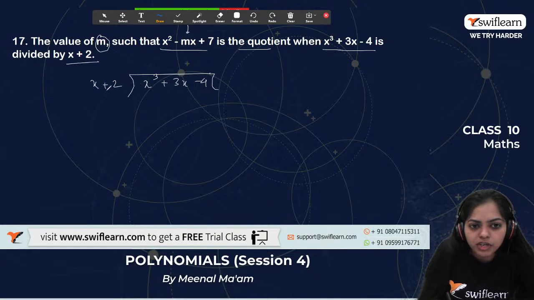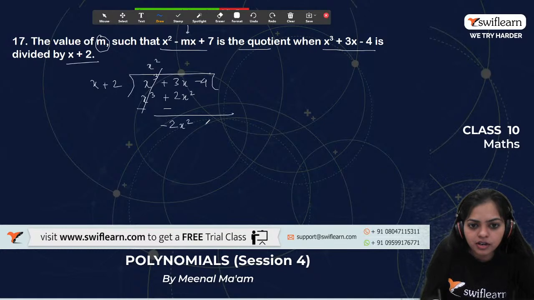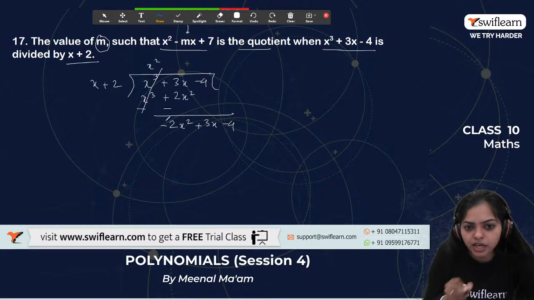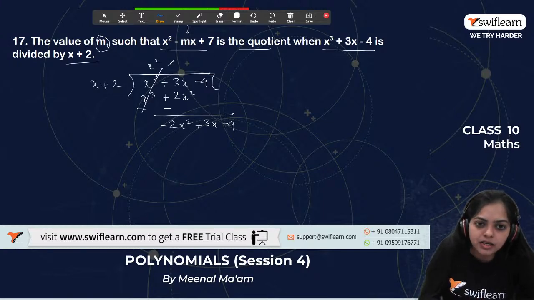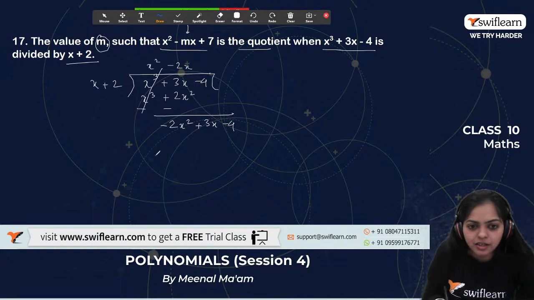So what do we have to multiply with x to make it x cube? x square. Then it becomes x cube plus 2x square. Got it? Cancel, cancel. We are left with minus 2x square minus 3x minus 4. Alright, then what do I have to multiply with x to make it minus 2x square? Minus 2x. Yes? So minus 2x square, and minus 4x.